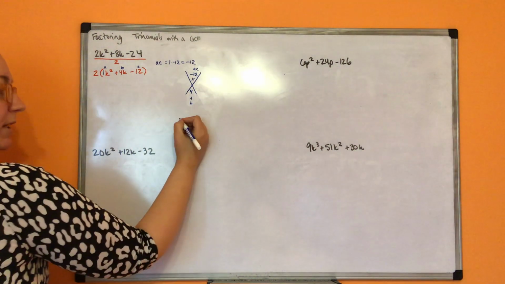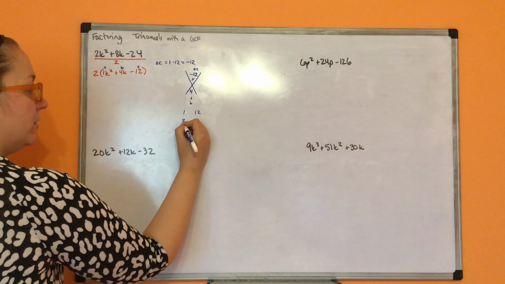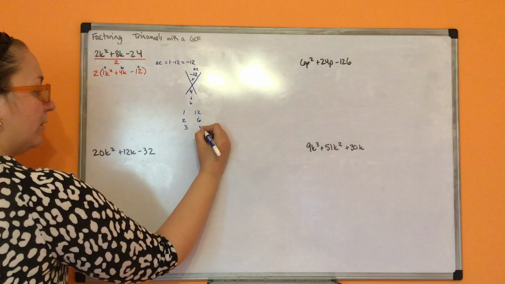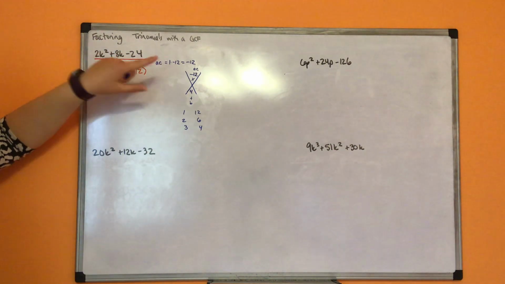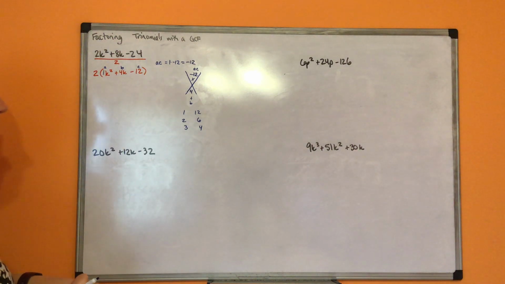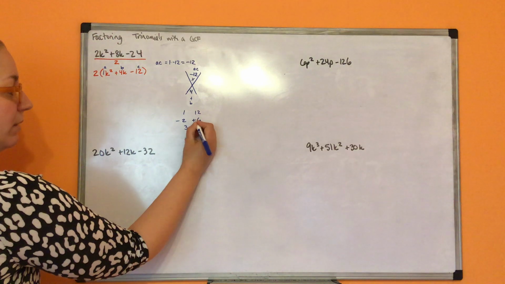So if you think about the ways you can get to 12 by multiplying, we can do 1 times 12, 2 times 6, or 3 times 4. Since it needs to be a negative 12, one number in the pair will be positive and one number in the pair will be negative. So the only way we can get that positive 4 is if I use negative 2 and positive 6.